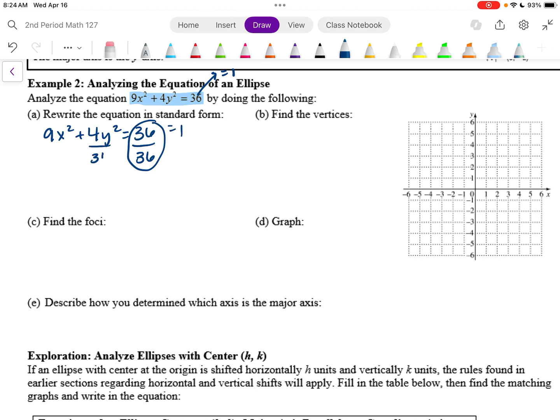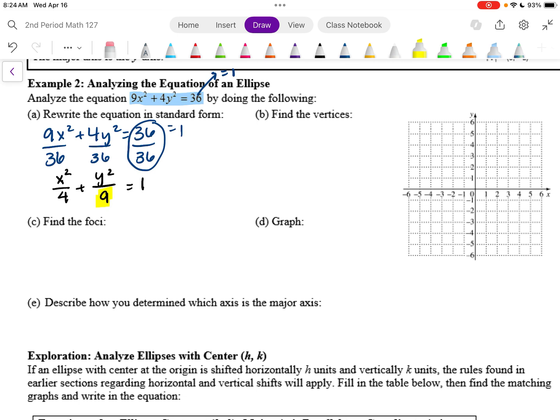So whatever I do here, I'm going to do here, and I'm going to do here. If you can't do this in your head, if you don't know that 9 goes into 36 4 times, so that's going to be 1/4, then you can by all means do it in a calculator. So we should get x squared over 4 plus y squared over 9 equals 1.